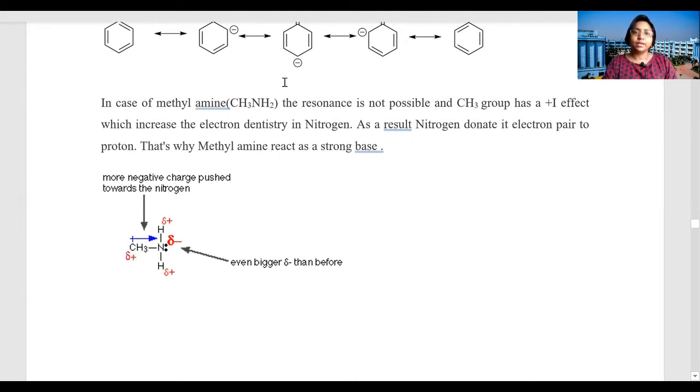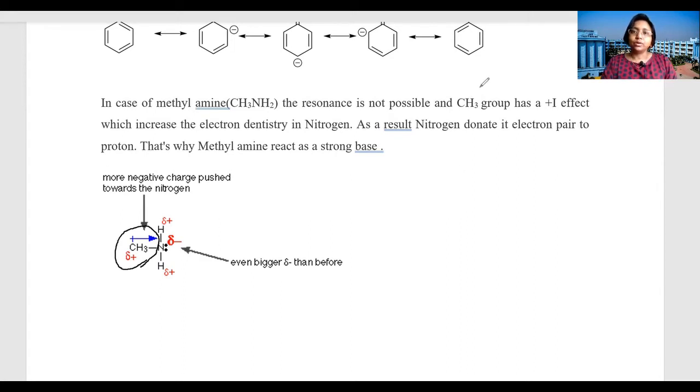Due to the plus I effect, that is the inductive effect, the CH3 is donating electrons to the nitrogen. So nitrogen becomes rich in electrons. So it can easily donate its electron pair to the proton.